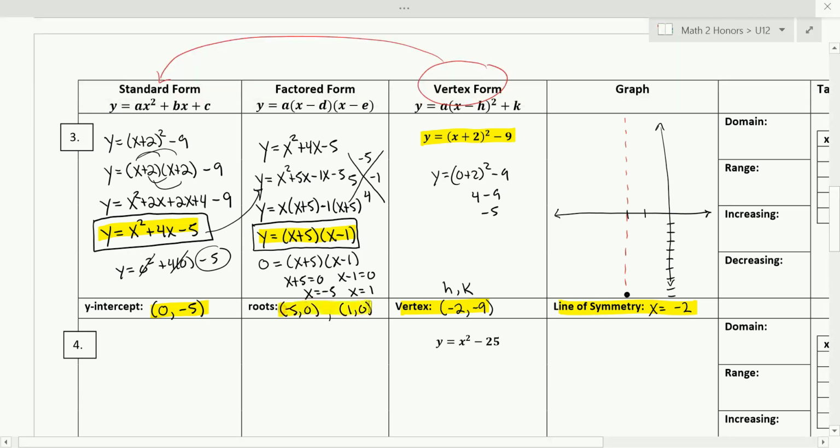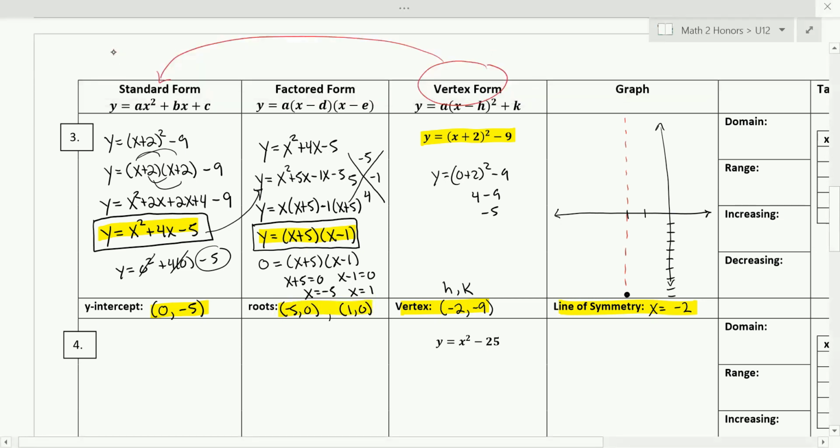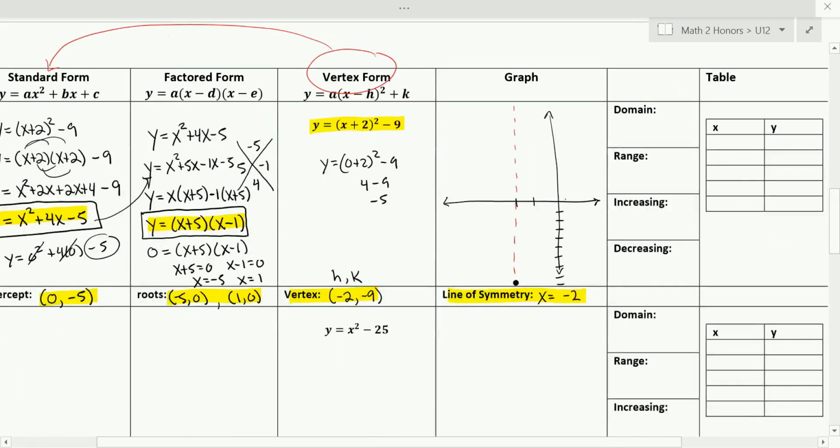So let's start graphing. So 1, 0, -5, 0. And you can check those x-intercepts should both be the same distance from the middle. And they are.